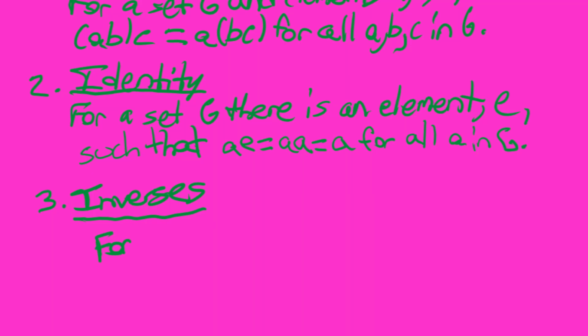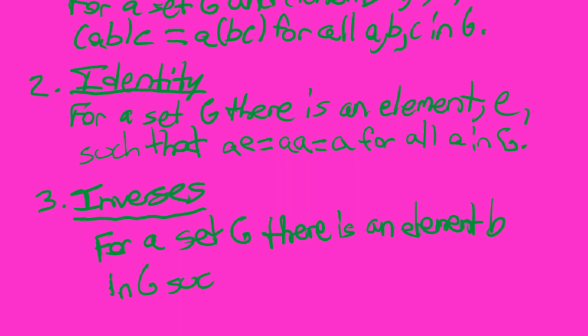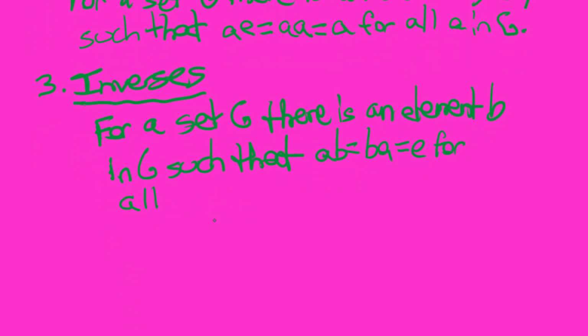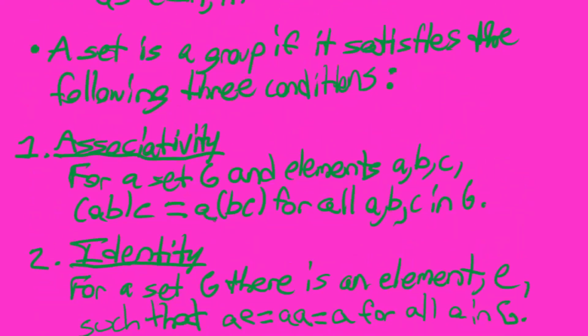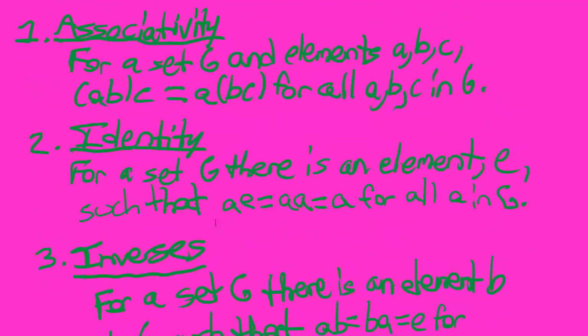So for a set G, there is an element B in G such that AB equals BA equals E for all A in G. So these are the three key properties on top of closure that you want to look for to see if a set is a group.